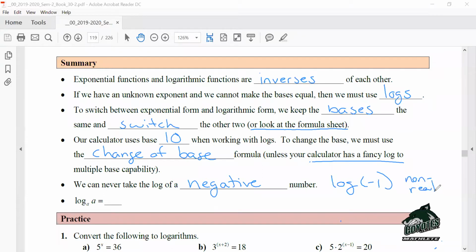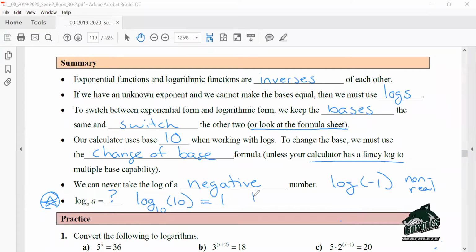Okay. And this one here, not too important for today, but I want you to start looking at this thing and I want you to start recognizing it. It says log base A of A is equal to what? Well, if I'm not sure, I'm just going to plug in a number that's convenient. Easiest number to always plug in on a logarithm is 10 because that's what our calculators handle. I stick that in my calculator, guess what it's going to say? 1.